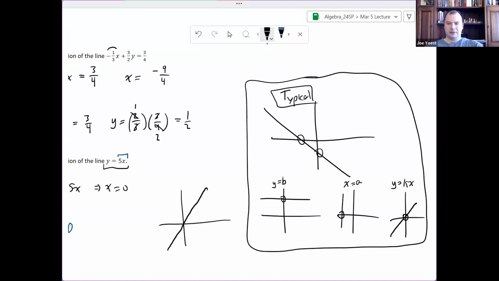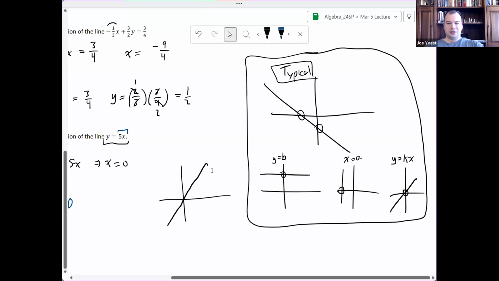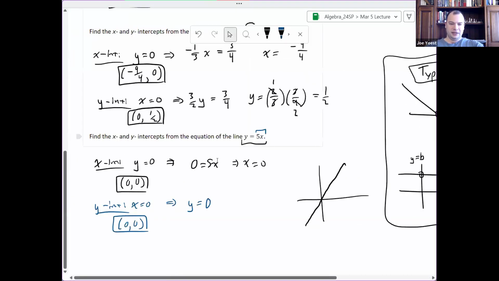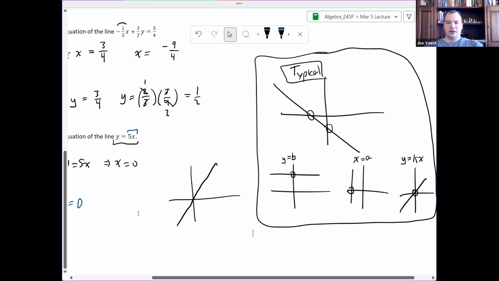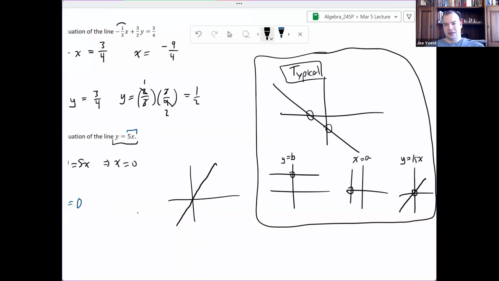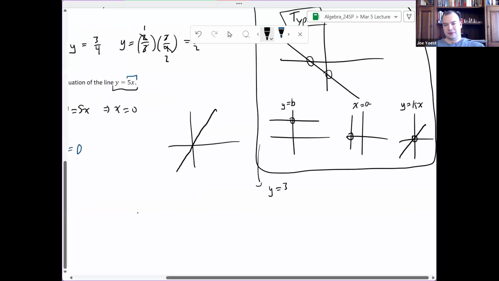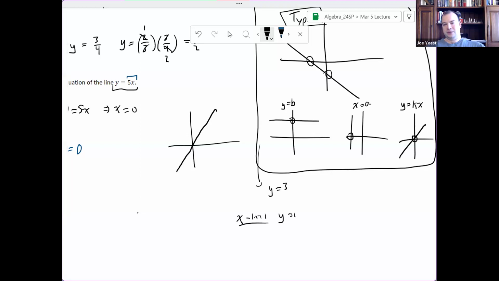And if I was just following my nose, I see that with y equals 5x, I just find the same intercept twice. It's not really a big deal. But I might get confused if I was looking at y equals 3 and looking for an x-intercept, which says when y equals 0, what is x?